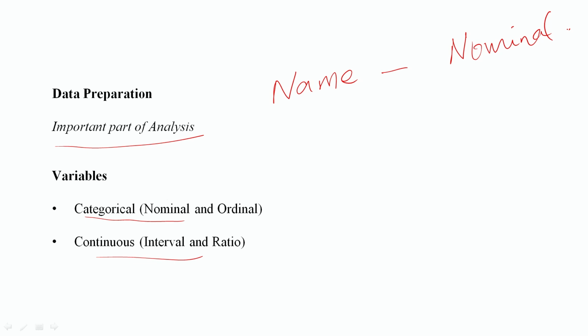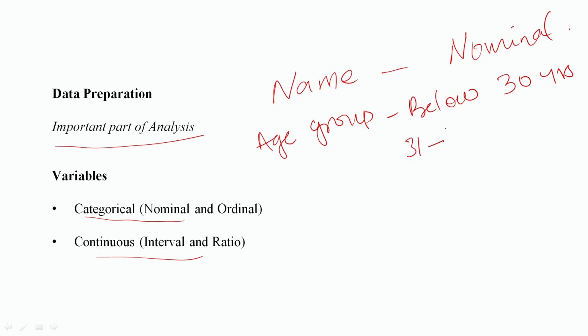Second, when we ask the age group the individual falls in, that is below 30 years, or 31 to 50 years, or above 50 years, there are three categories. For this categorical information, we can put an order, that is the ordinal data.